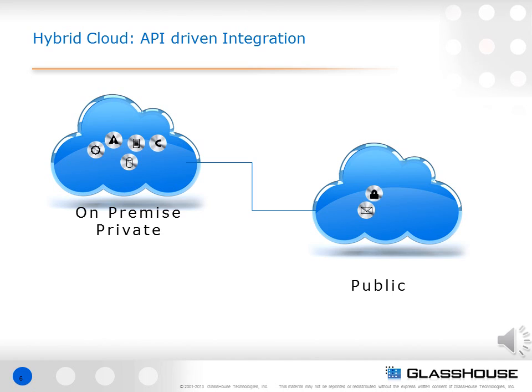There are, however, some limitations to this solution. There aren't any standards between cloud operating systems, and therefore the easiest way to configure this architecture is to run the same cloud operating system in both your private and your public environment, which really does limit you to the number of public services that you can use.